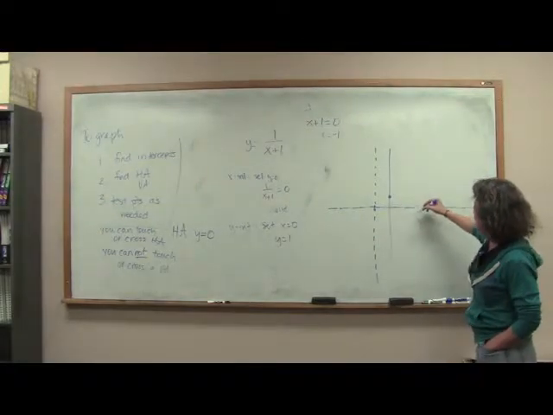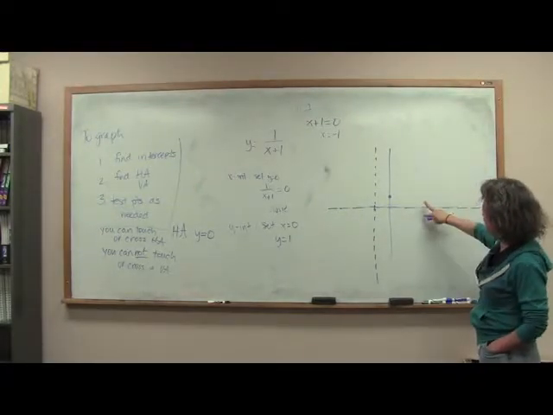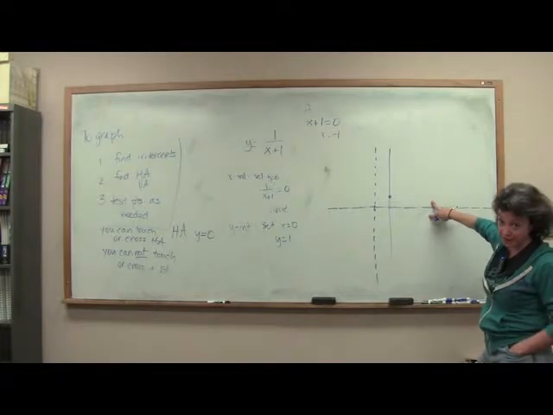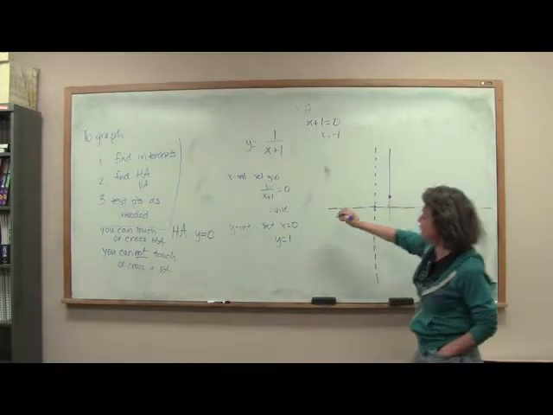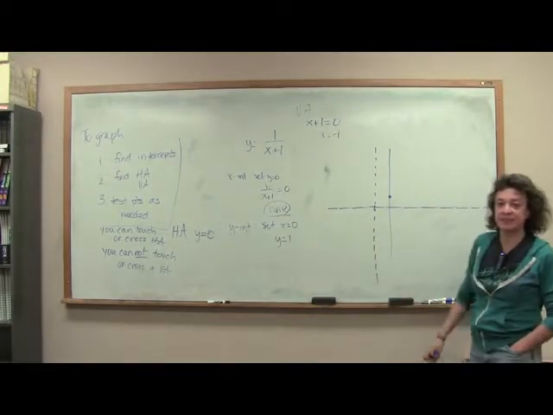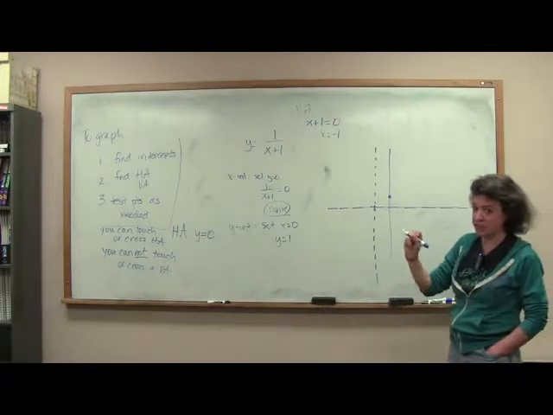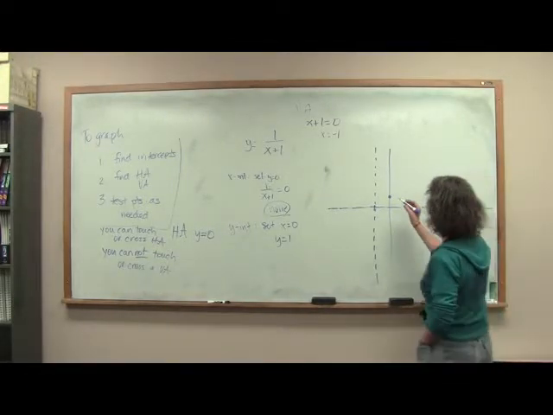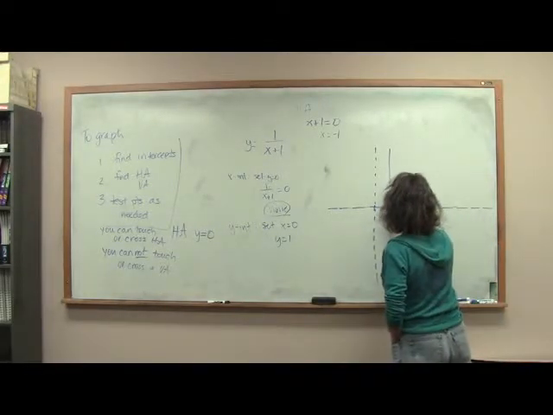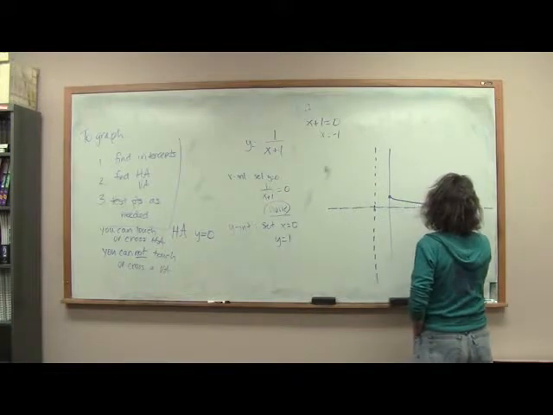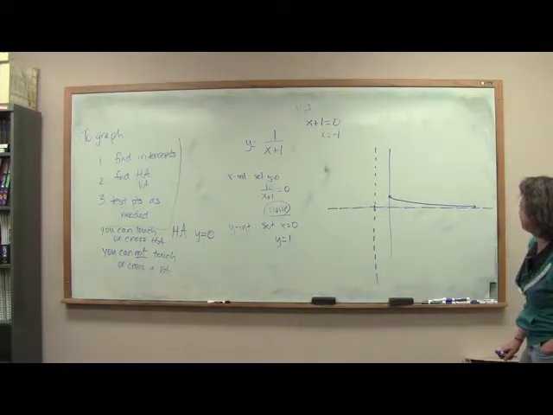Now, funny things can happen over here because you can touch or cross your horizontal asymptote. However, didn't we see that there's no x-intercepts? In other words, this graph never touches or crosses our x-axis. Therefore, I know that my graph is going to look like this.